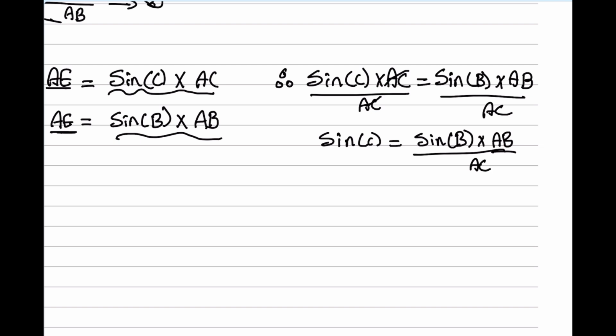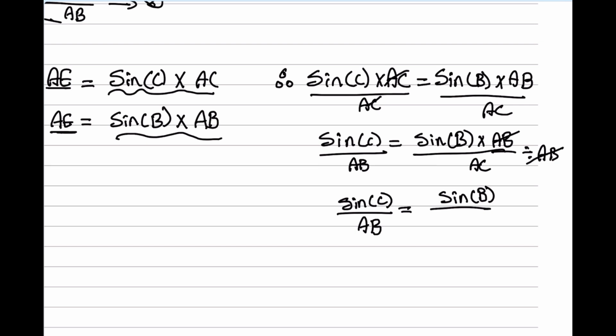Now we divide both sides by the side AB again. So sine C divided by AB is equal to sine B divided by AC. This is the first form we got, and we need it in the second step.